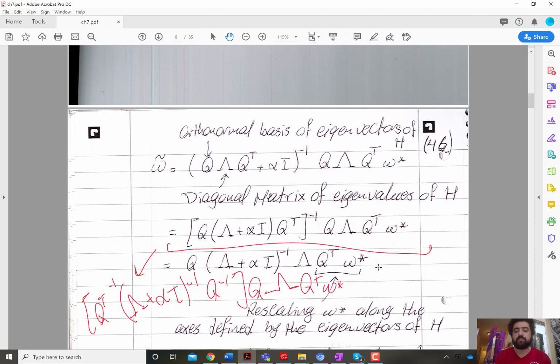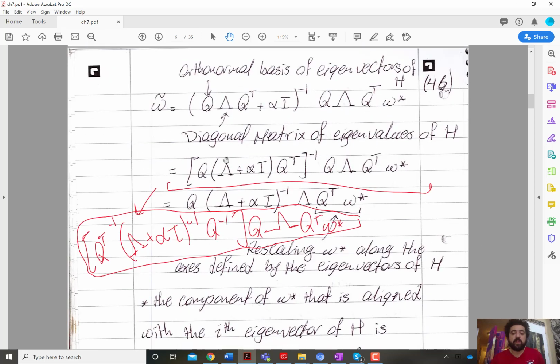So that's an intermediary step, and then I have the final step here, right? Now the final thing that we have is Q lambda plus alpha I inverse lambda Q transpose omega star. Next time we'll discuss the interpretation of this expression that we had for the final solution.